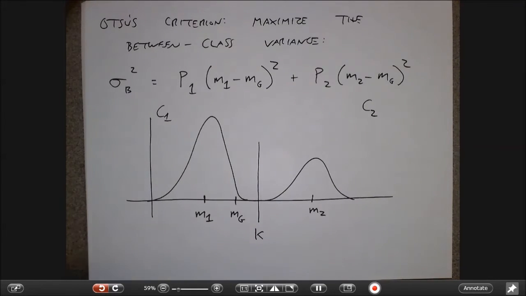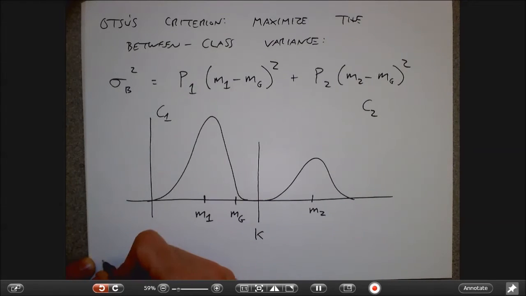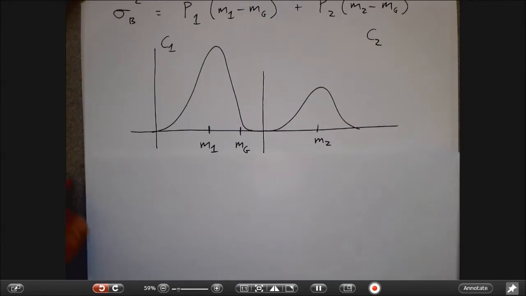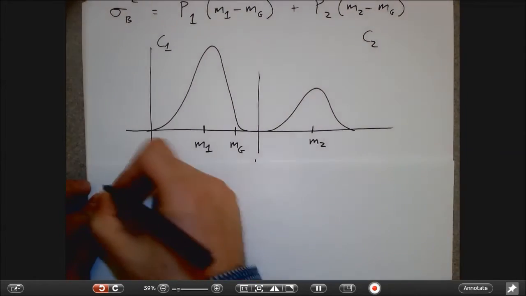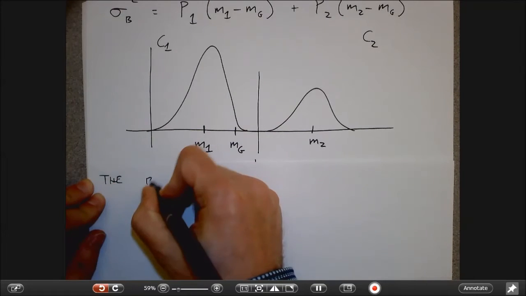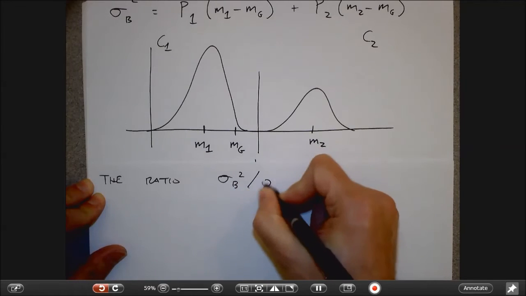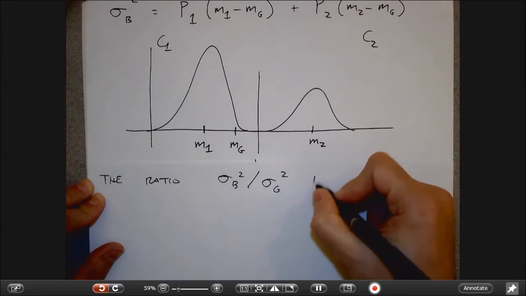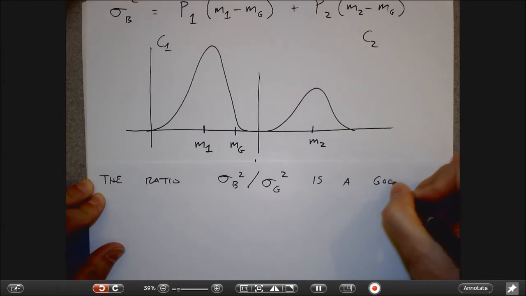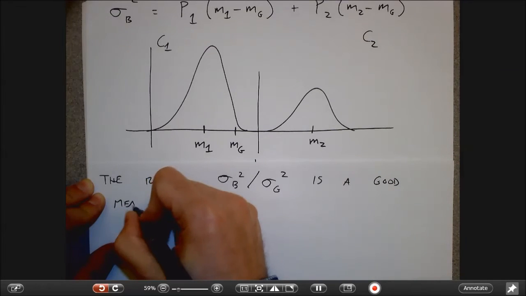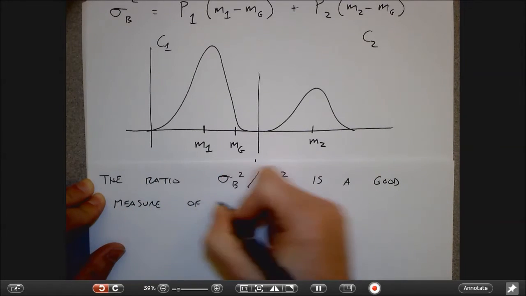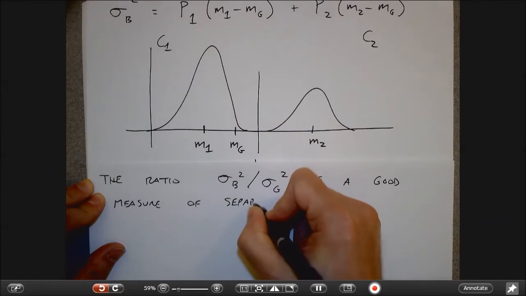And in some sense, what I want to do is look at the ratio of this between class variance over the overall variance, which is a good measure of separability, how well these classes can be really separated.